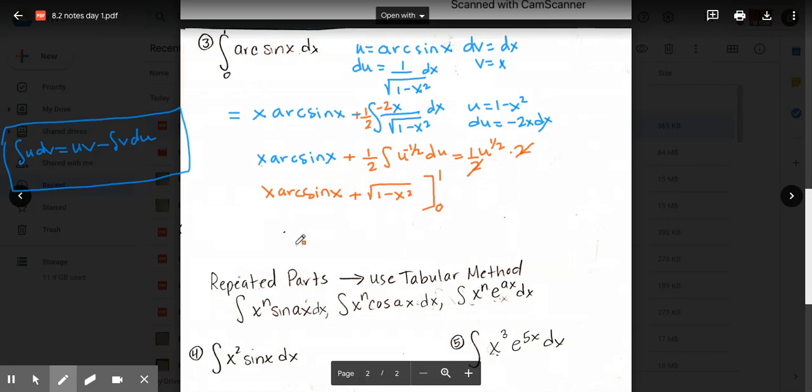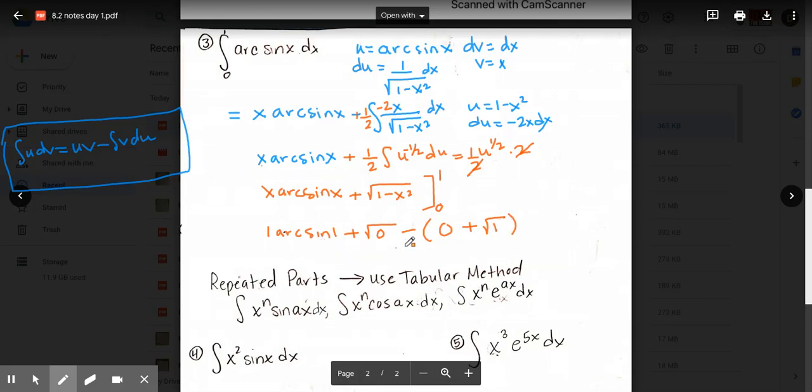Which bound do you plug in first? Good, the top bound. So 1 times arc sine of 1 plus the square root of, when I plug 1 in, I get 0. Then I minus, take 0, plug it in. So 0 times anything is 0, plus the square root of 1, which is just going to be 1.